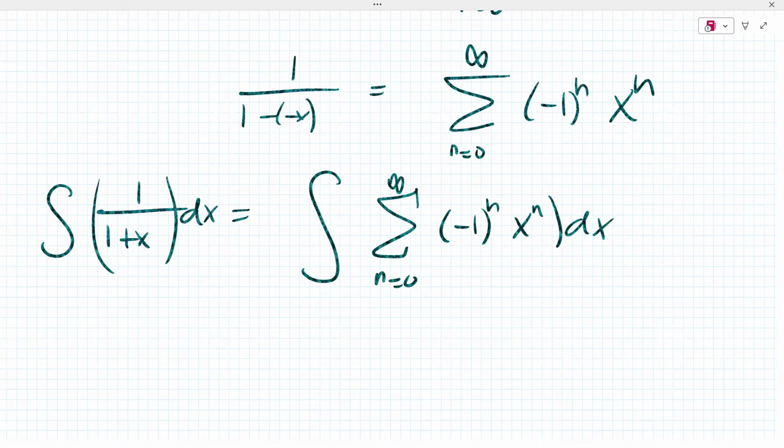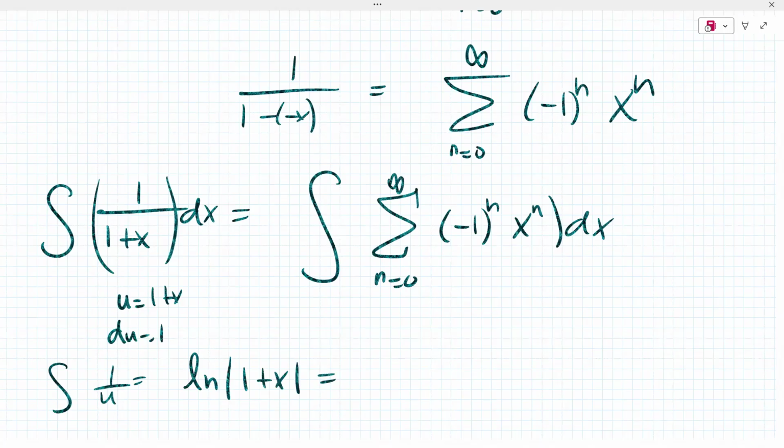And what is the integral of 1 over 1 plus x? You could do u substitution. You could say u equals 1 plus x, and then the derivative of that is 1. So it's really saying the integral of 1 over u, which is ln of the absolute value of u, which we said was 1 plus x.